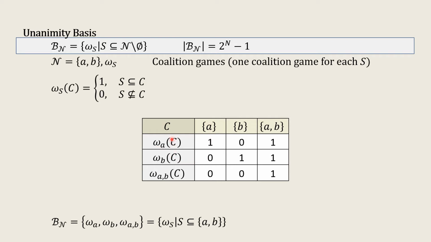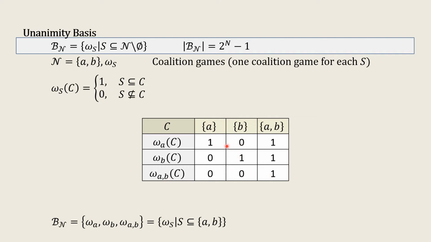Why is this? When C equals A, A is contained in C, so this is 1, but A is not contained in B, so this is 0, and A is contained in this coalition here, AB, so it's a 1 here. Likewise, omega B for A, B, and AB is 0, 1, 1, and omega AB is 0, 0, 1.